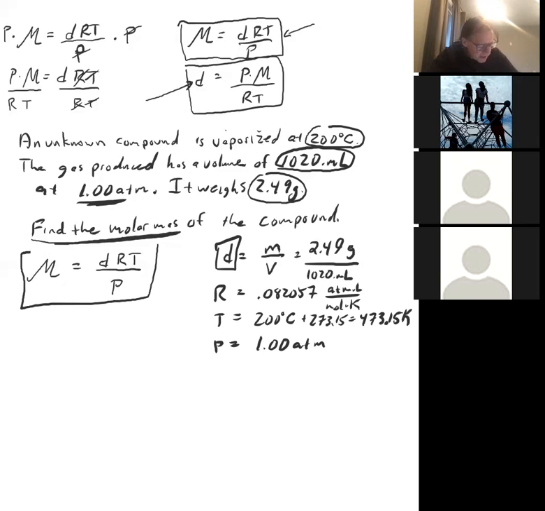There is one issue, and be careful about that. This will trip you up. This is in milliliters, but this one here is in liters. That's a problem because when you start canceling out the units, you're going to have a milli in there, and you don't want to have a milli in there.